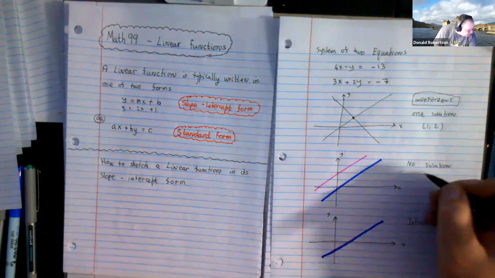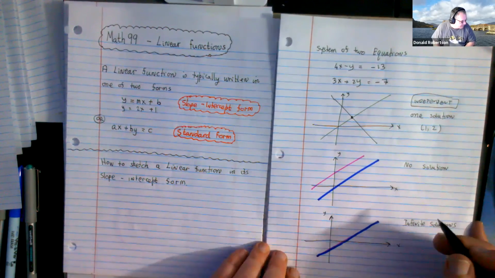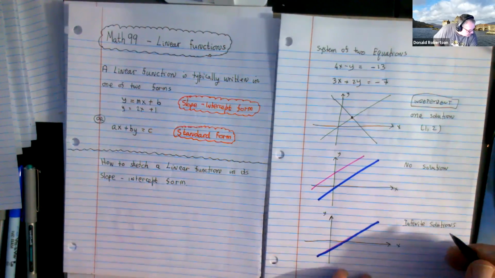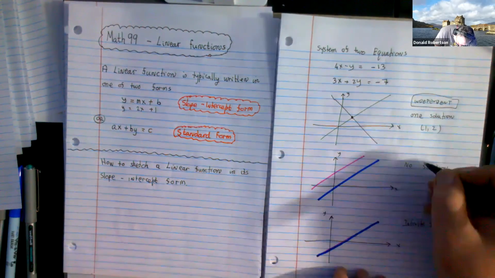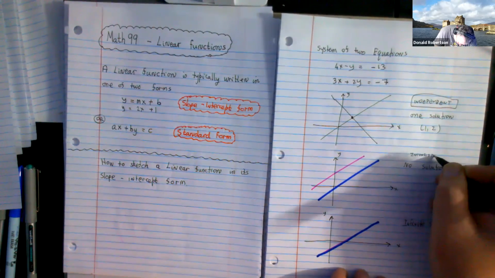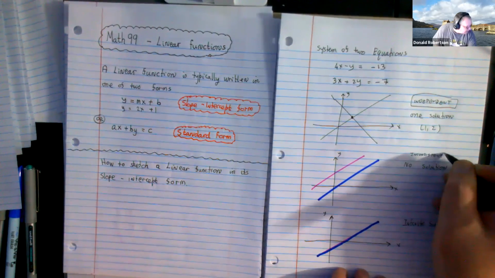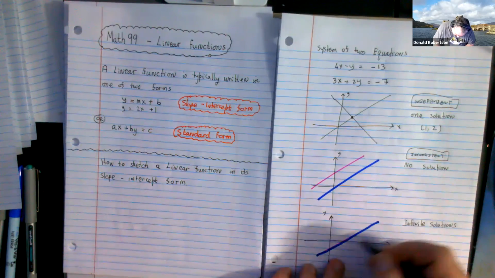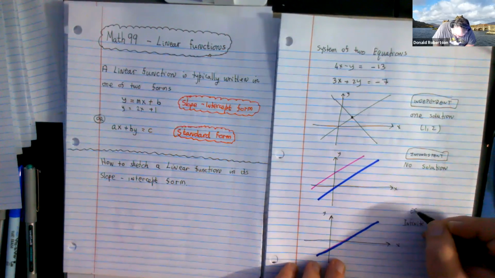When they are parallel, as they are here, they are going to be inconsistent. And when they are on top of each other, they're going to be equivalent.